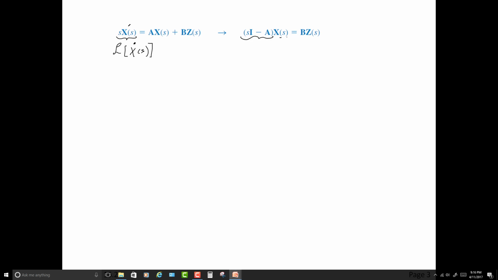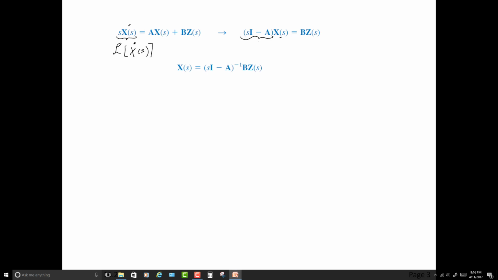Okay, so this is a form, and these are all constants. The identity matrix times s, and then the constant A matrix. Right, so this is looking like we could solve this, right? X is equal to B Z of s over this thing, or other forms that we might want to do.